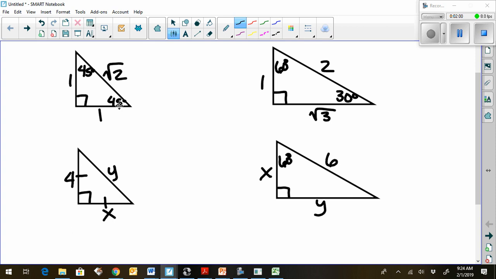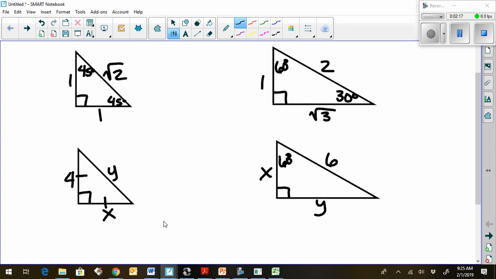Notice how on this triangle here, we have a 4 as one of our legs. Well, we already know that the other leg then has to equal 4. But what we can do is we can always use proportions to help us solve.